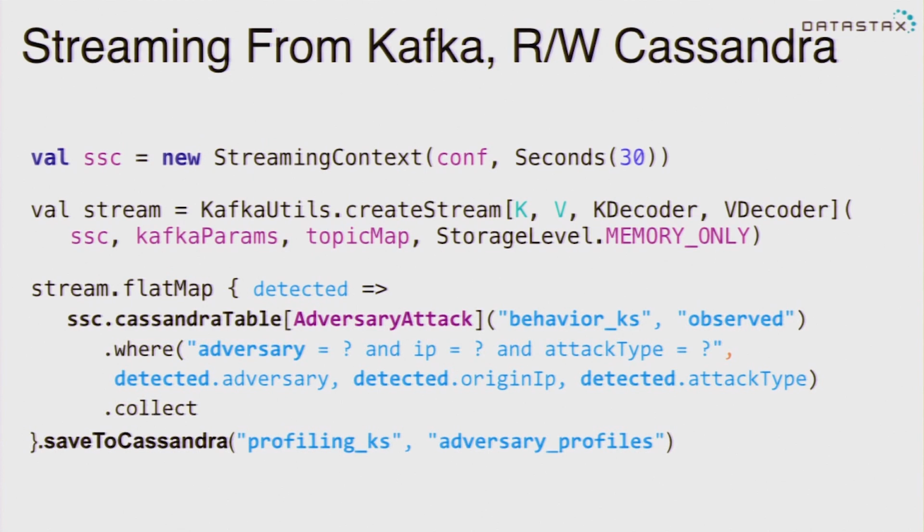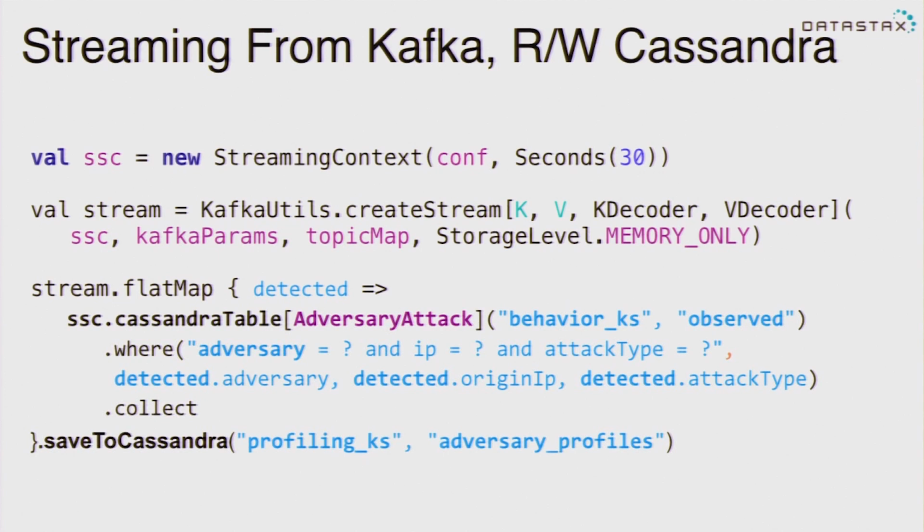Here I'm receiving data asynchronously from my Kafka stream. Then in that stream processing, I'm going to look at historic data that I have stored in Cassandra. Say I have a security event that I've detected, it's come into Kafka, and then I want to look at my previously stored adversary attacks. Is this an adversary that we've seen before?